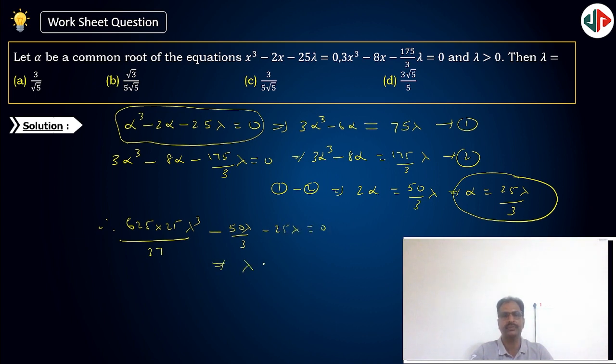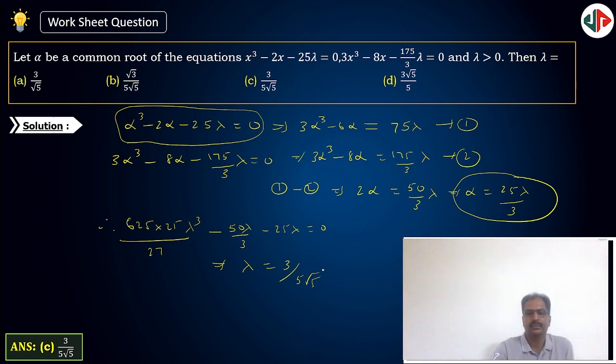From this, if you simplify lambda, you get lambda as 3 by 5. Given that lambda is positive.